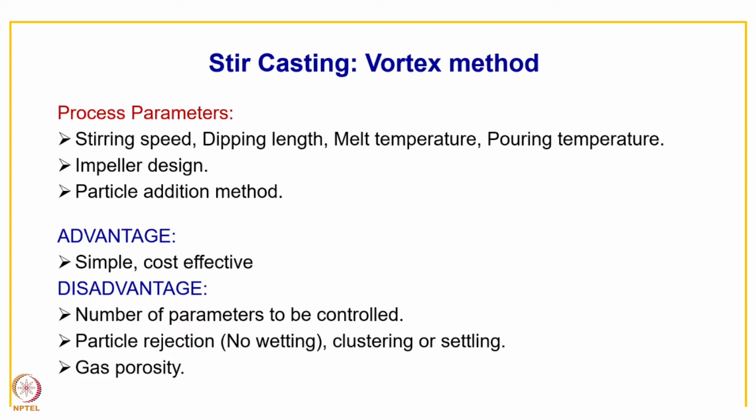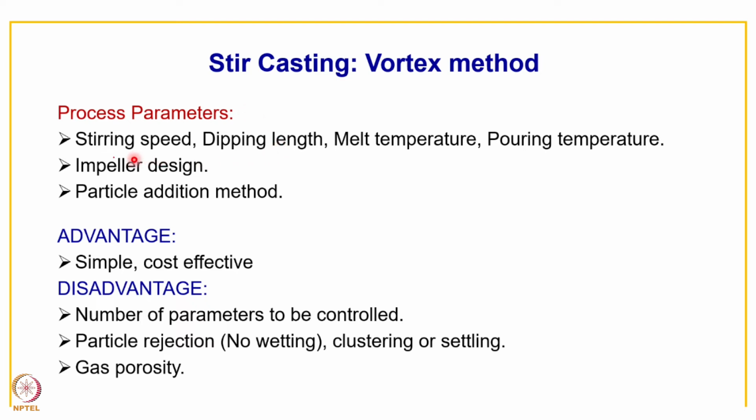So first, let us look at the process parameters. A number of process parameters have to be controlled in this particular technique in order to get a quality composite material without defects.